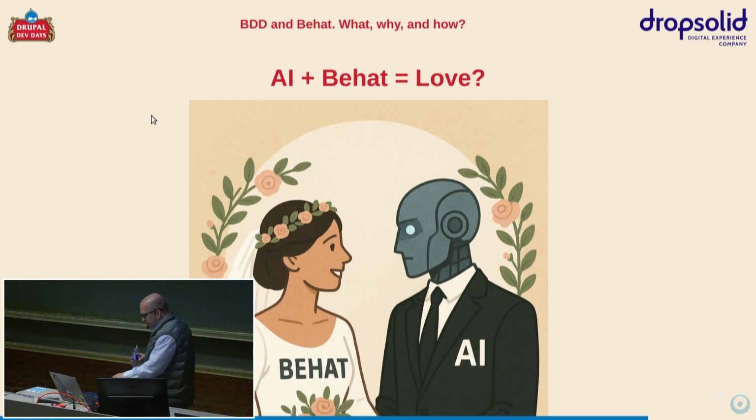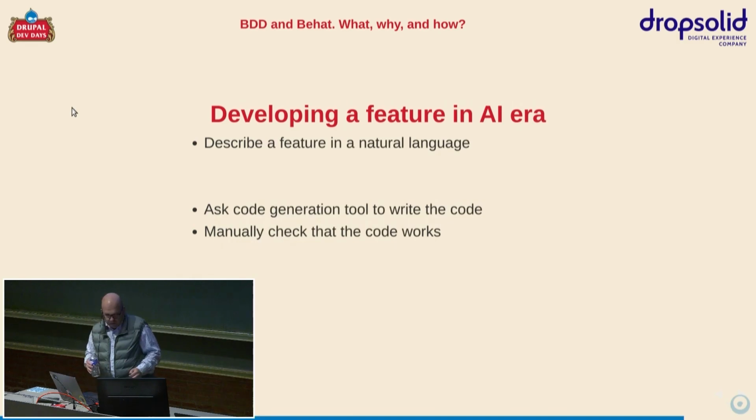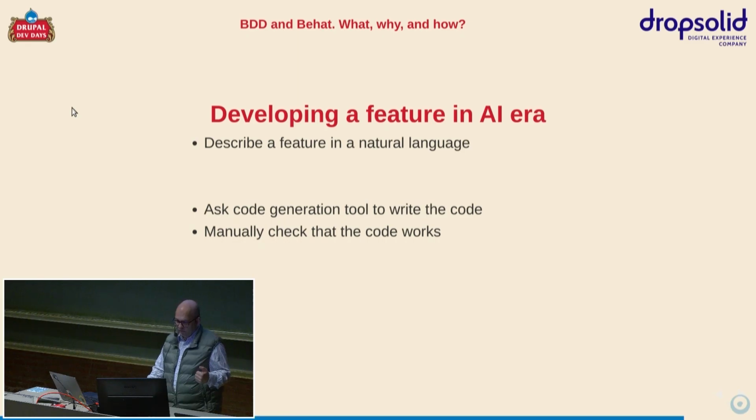And what if we look at our regular workflow that existed before the AI era? How we practiced BDD before AI. So we describe a feature in natural language. Sorry, that's already the AI era. Okay.